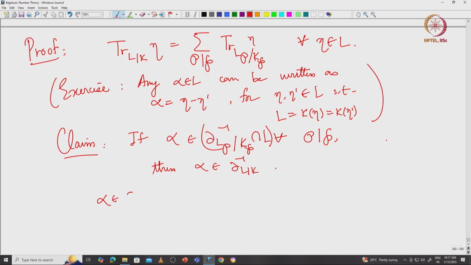Alpha belongs to the inverse of d_{L_P over K_p} intersected with L if and only if the trace from L_P to K_p of alpha beta is contained in O_p for all beta inside O_P. Okay, so that is what this means.